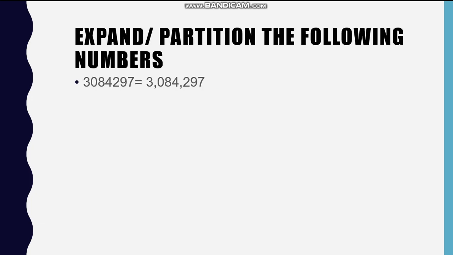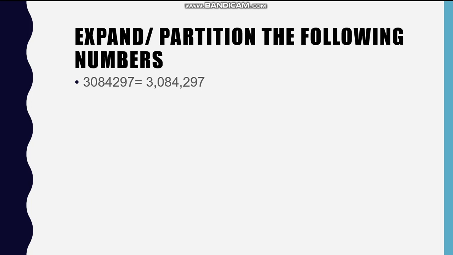Now comes partition: expand the following number. Here on screen you can see that a number is given. That number is 3084297. First of all make groups of 3 and then we will expand it. So 3,084,297.